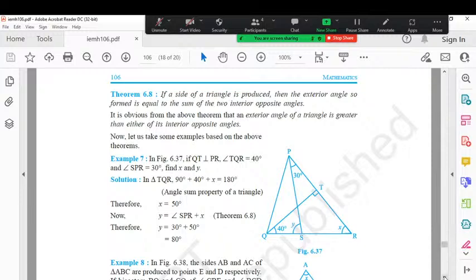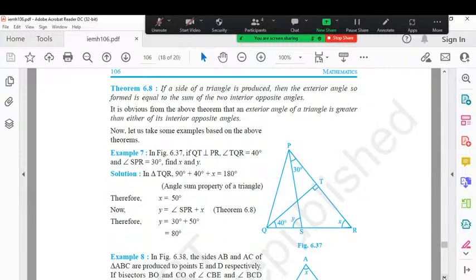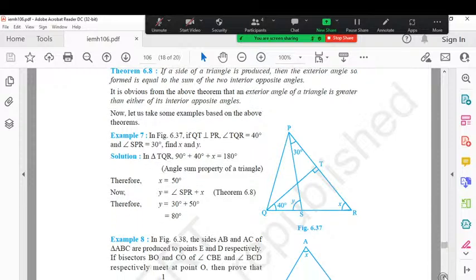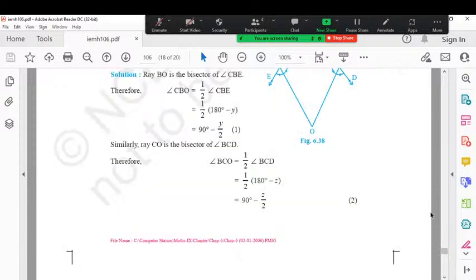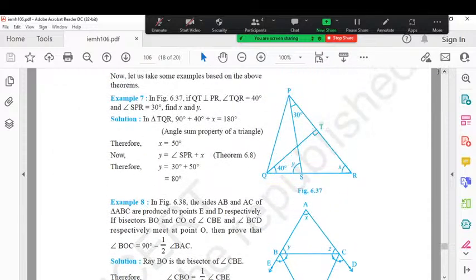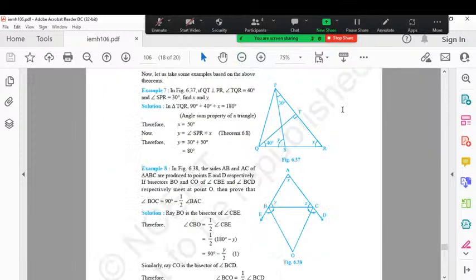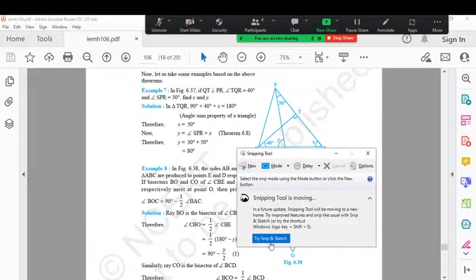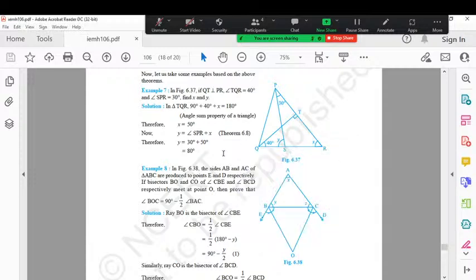And first we will solve these examples. Then we will discuss questions related to the exercise. First we are going to solve example 7 and example 8.